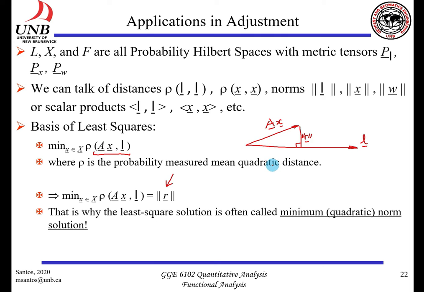That's why we call it minimum quadratic norm solution, because we want this quadratic norm to be minimum: the minimization of the square of the residuals.